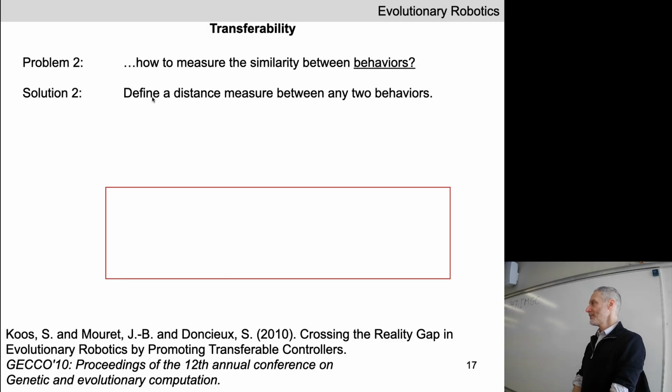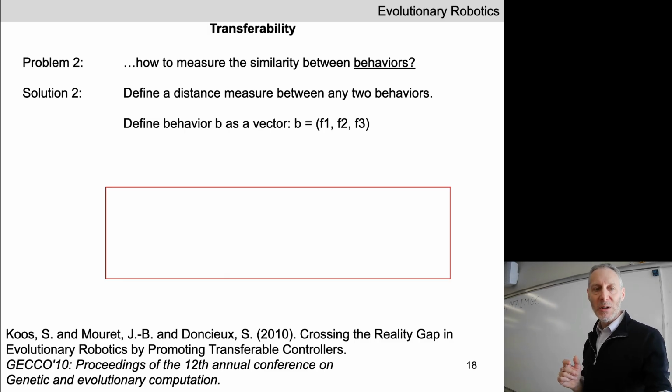Like footfall pattern. Okay, so the motor commands is a good idea, but it's very, very high dimensional. It's hard to actually measure distance well in very high dimensional spaces. We're not going to go into why, just for our purposes, assume that's the case. So like Fitz was saying, maybe we can go with something that's lower dimension, some feature of the behavior.